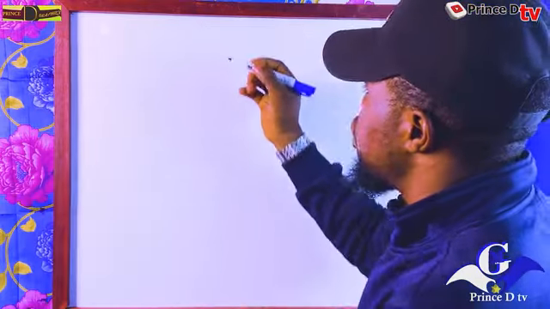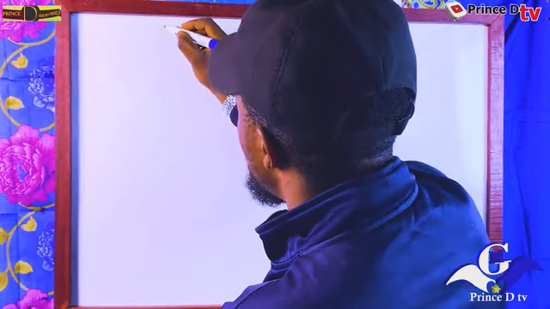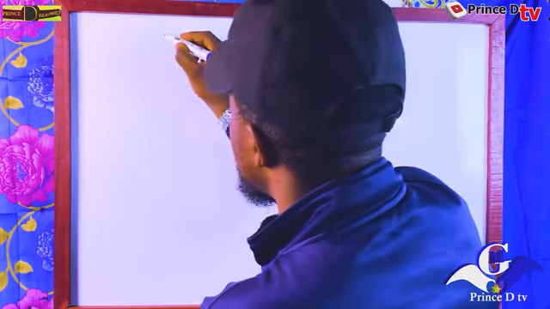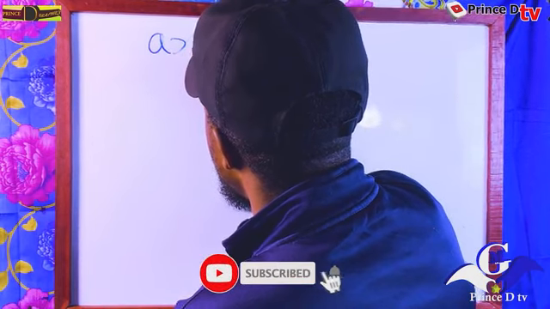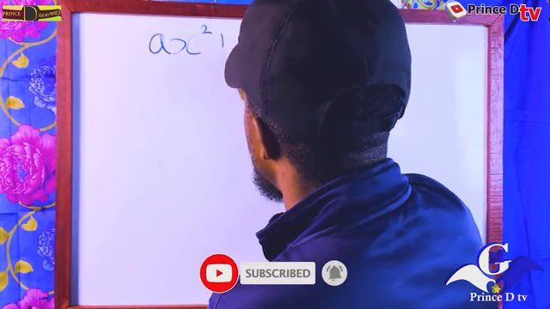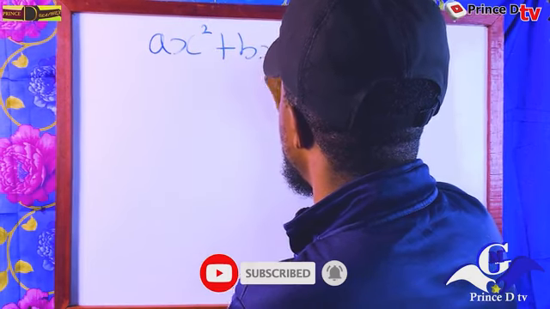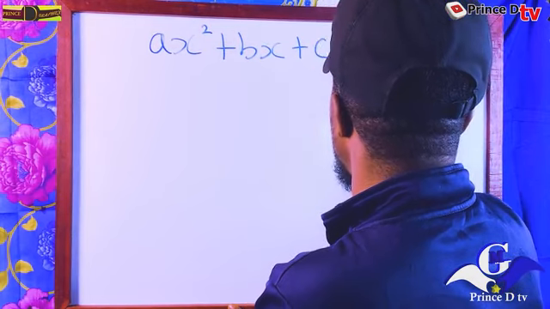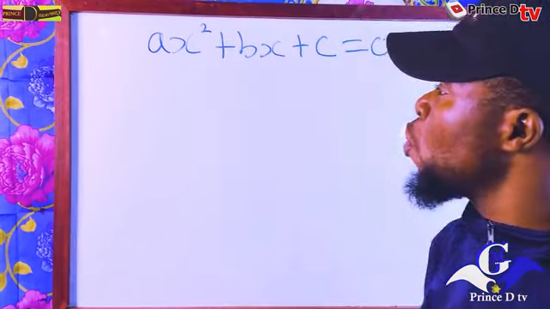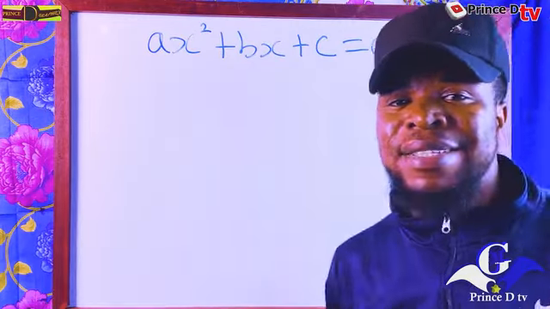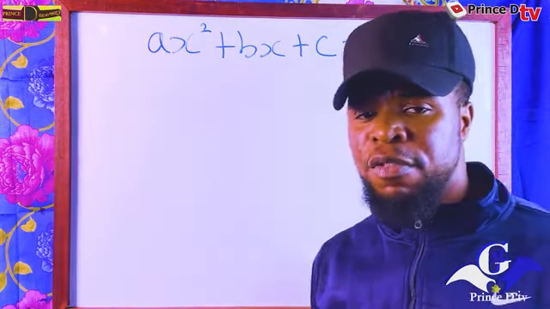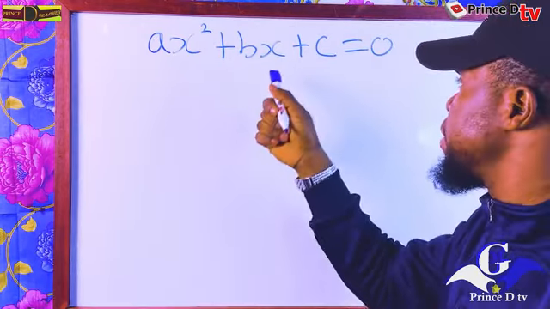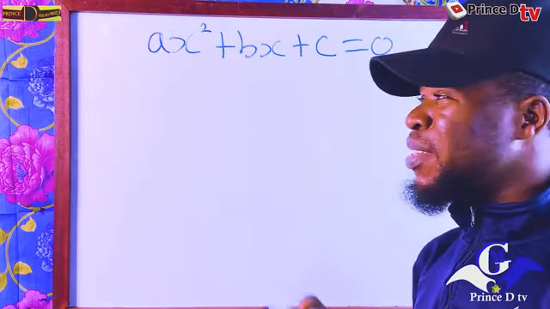Okay, so the general form of a quadratic equation, I wrote it earlier, it is ax squared plus bx plus c is equal to 0. So this is known as the general form, the standard form of a quadratic equation: ax squared plus bx plus c equals 0.